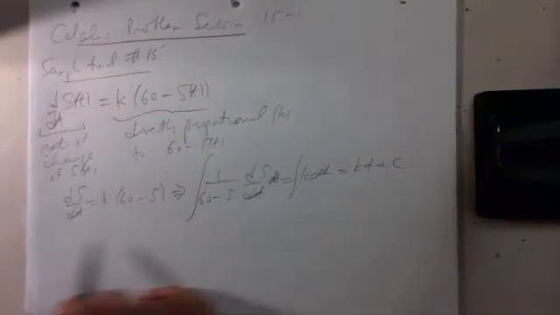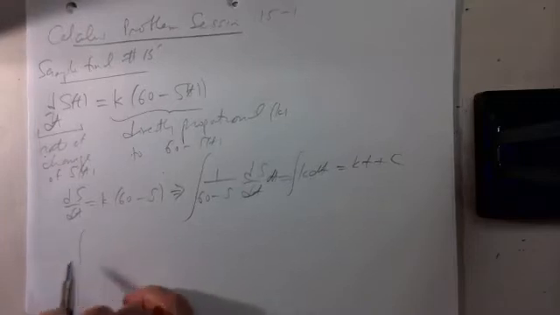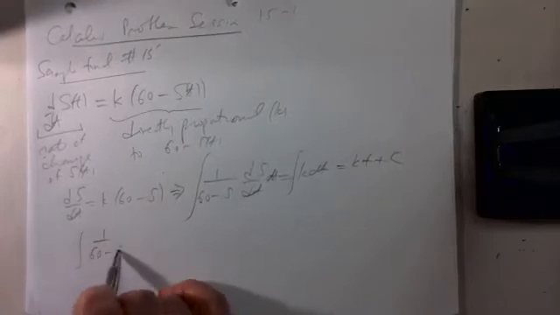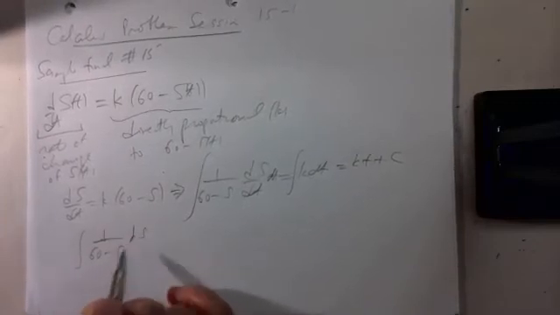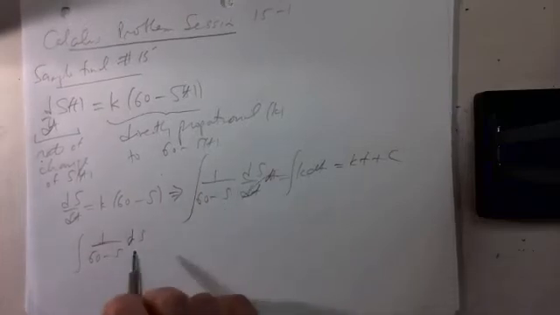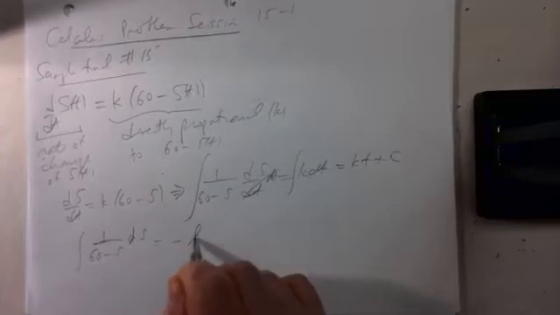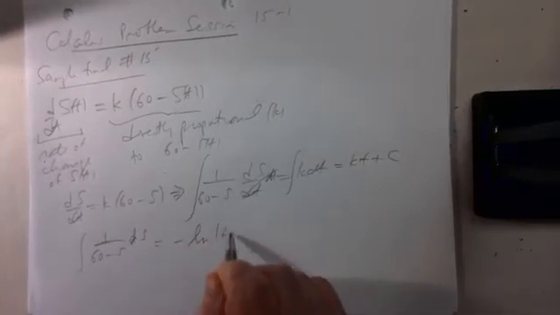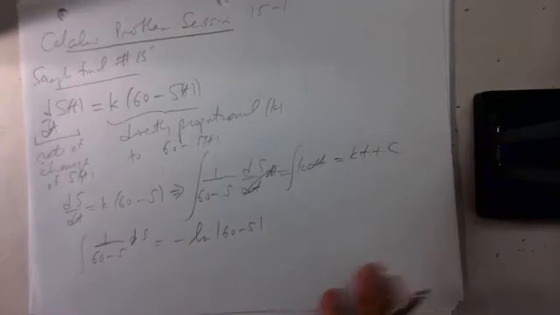And what is this on the left-hand side? It's the integral of 1 over 60 minus s ds, which is minus the log of 60 minus s.